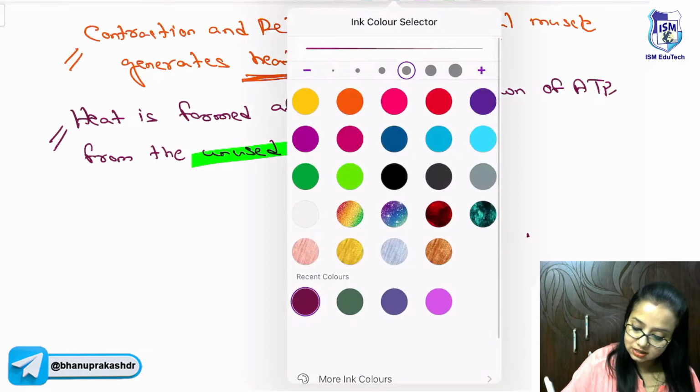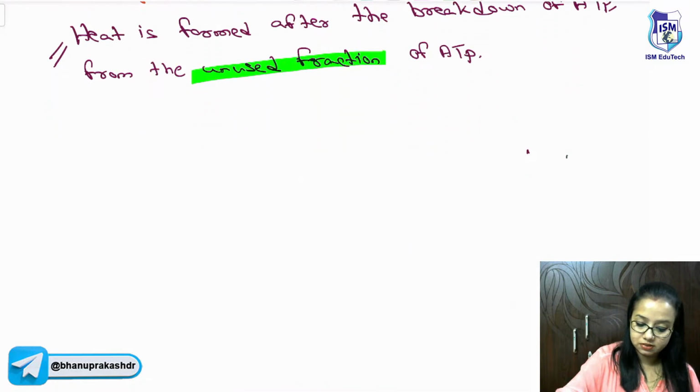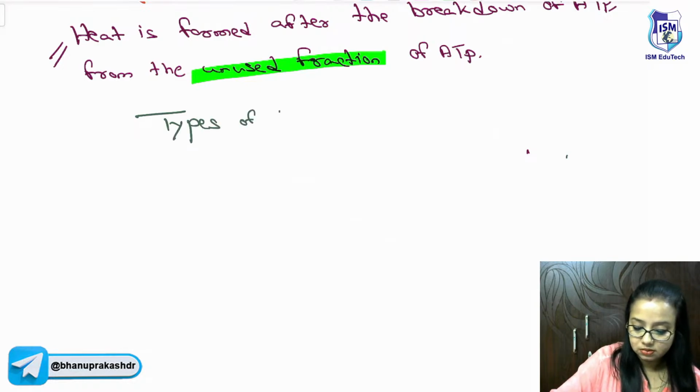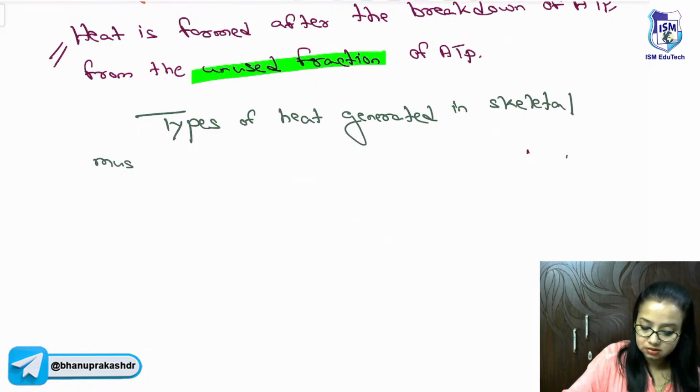Now, what are the types of the heat? Types of heat generated in skeletal muscle fiber.